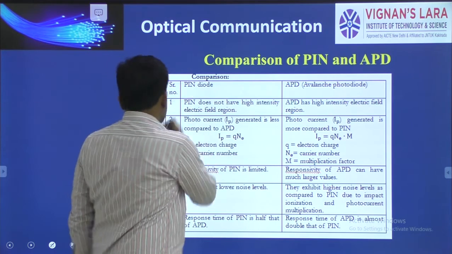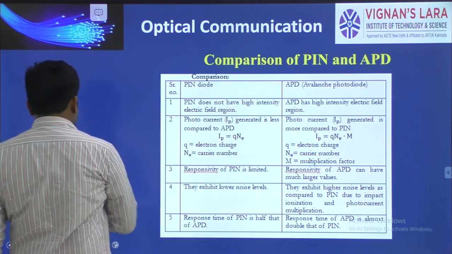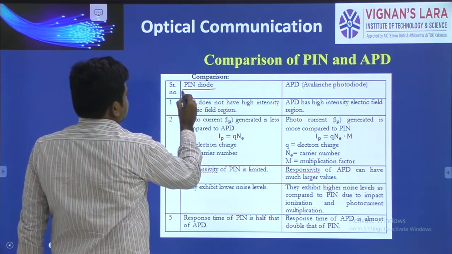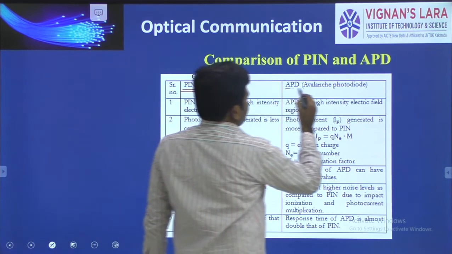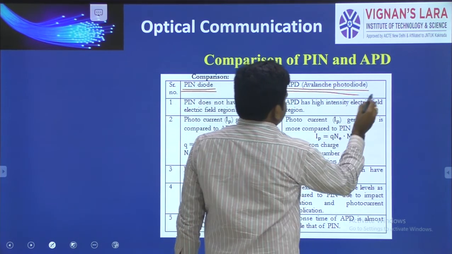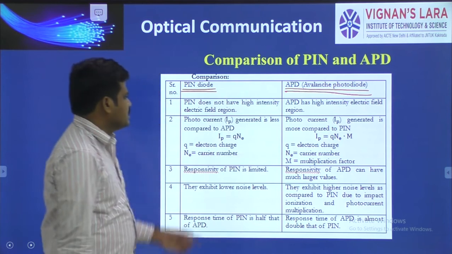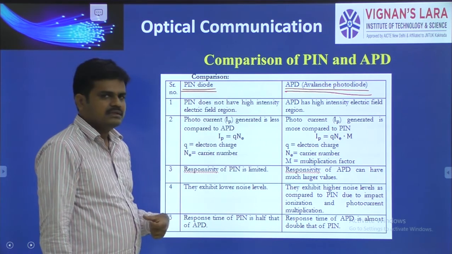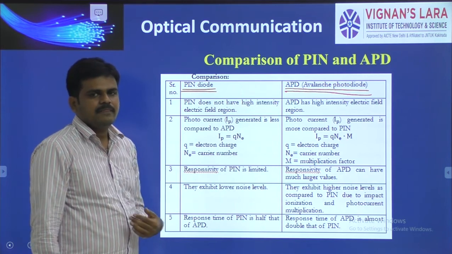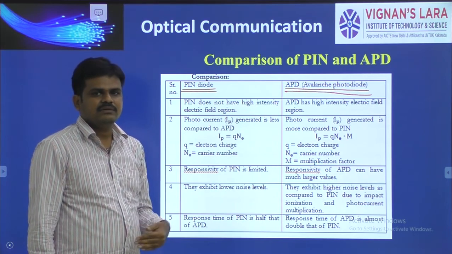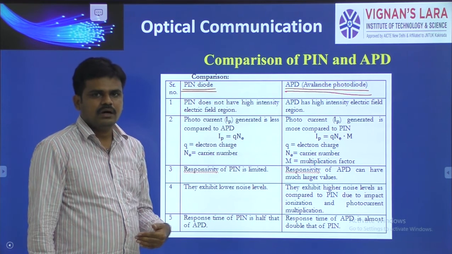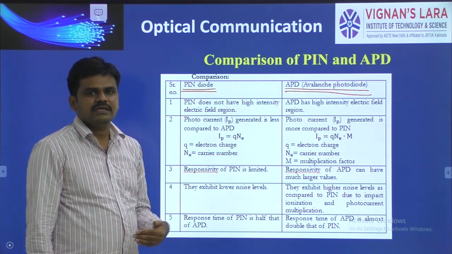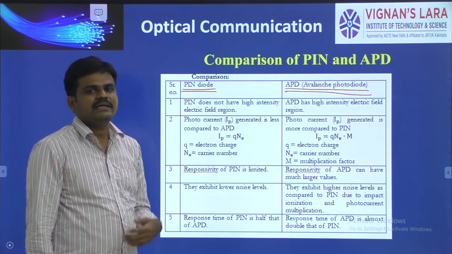This is the avalanche photodiode. The photocurrent generated in the PIN diode is less than the APD because in the PIN diode, the avalanche effect, or the multiplication of the electron holes, is not taking place.